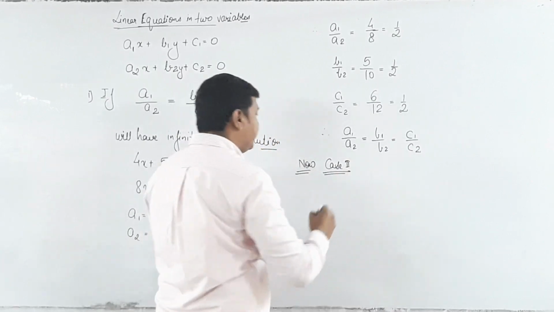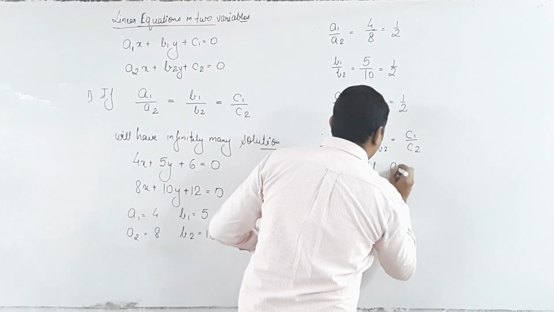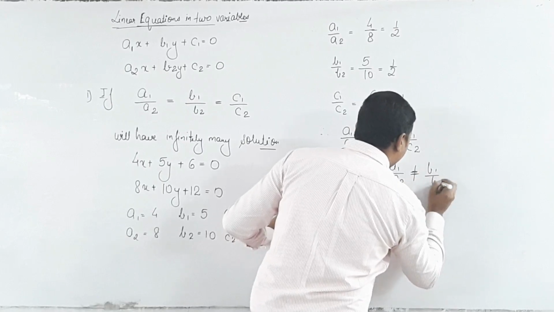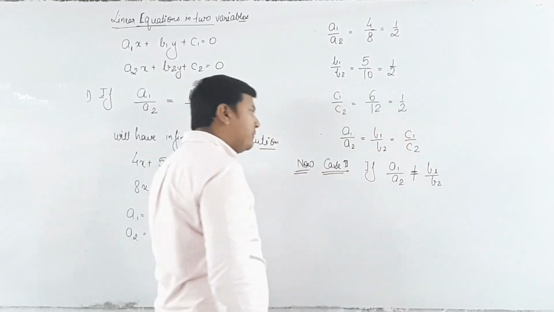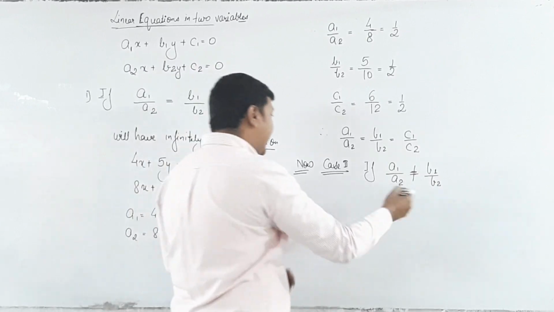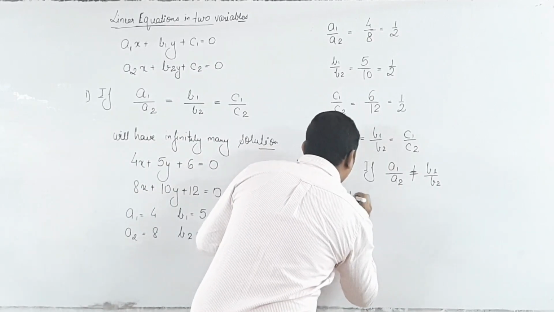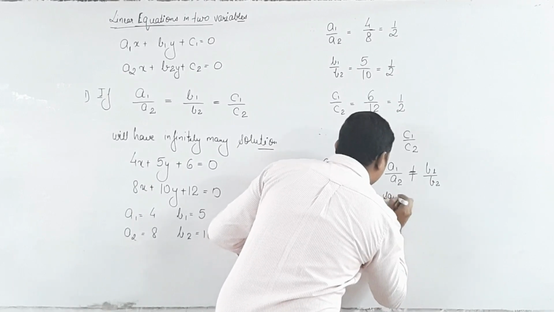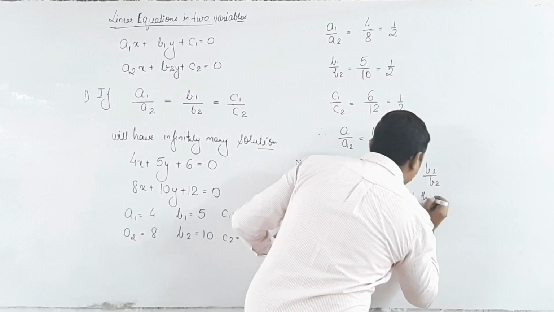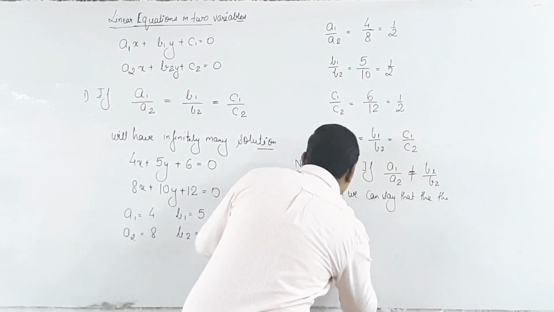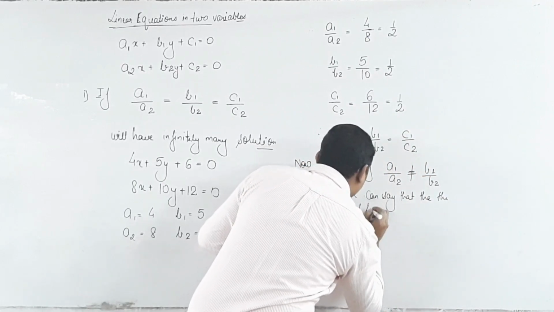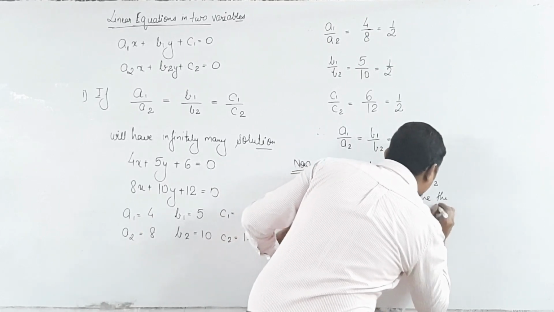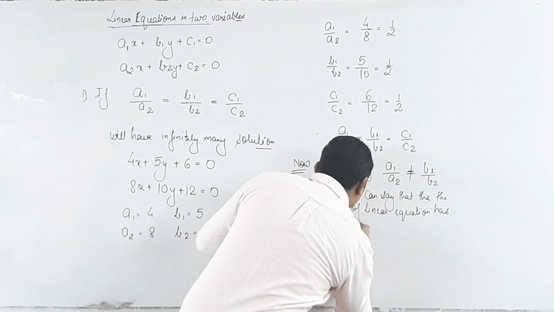Case 2. If a1 by a2 is not equal to b1 by b2, then we can say that the pair of linear equations has a unique solution.